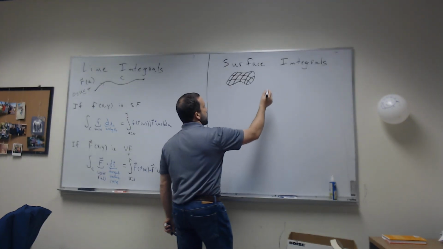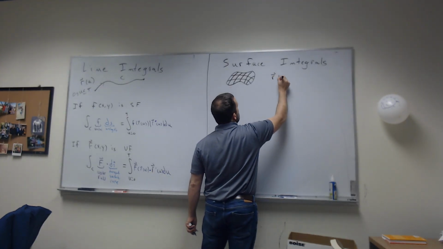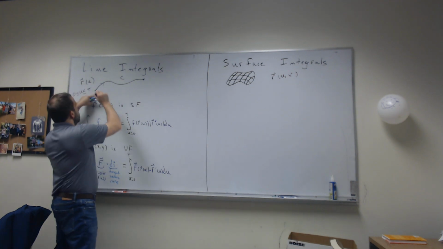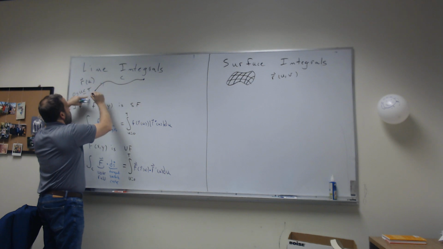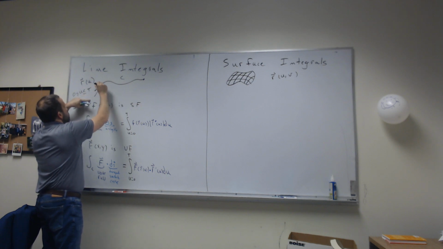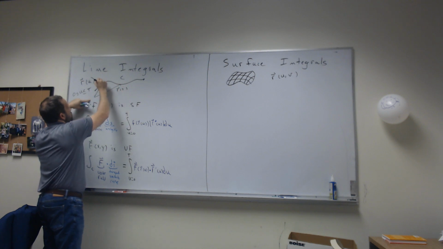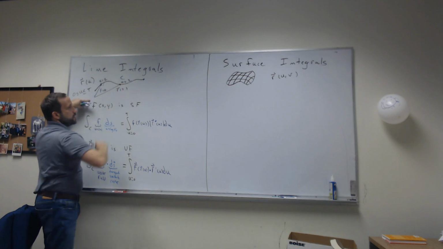But now we have some vector parameterization, r of u, v. Just like u over here tells us where we are, maybe this corresponds to r of 1, and maybe this corresponds to r of 2, so I can associate this point with u equal to 1 and this point with u equal to 2.